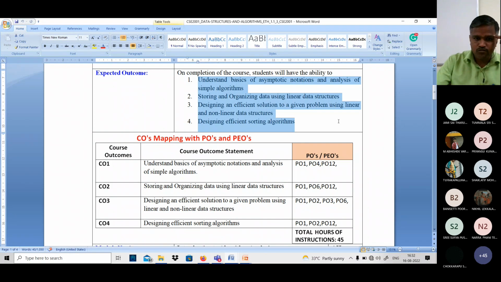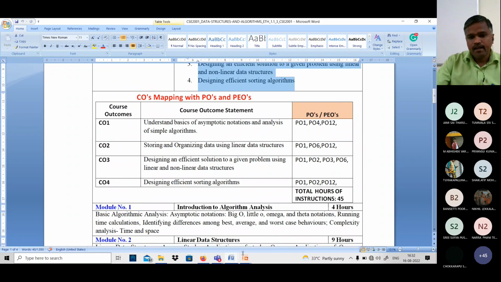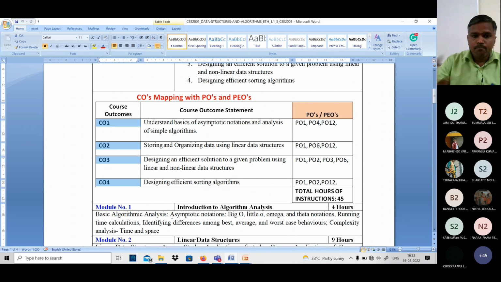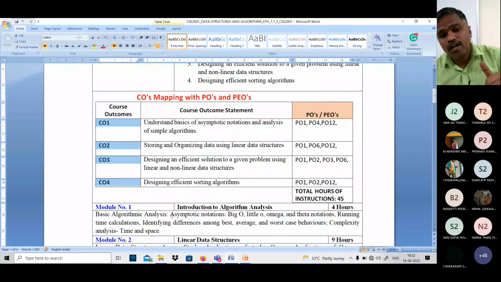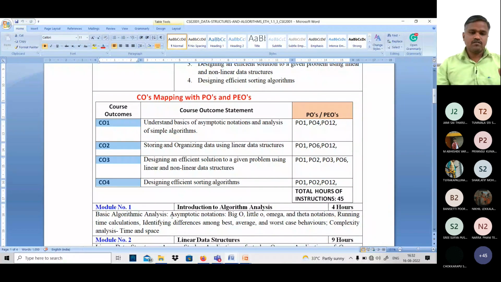Okay, let's move on to the next one. I have already explained about program outcomes, the BTech program outcomes, and here I explained the data structures and algorithms course outcomes. Now, how are these course outcomes mapped with the BTech program outcomes? What are the BTech program outcomes?